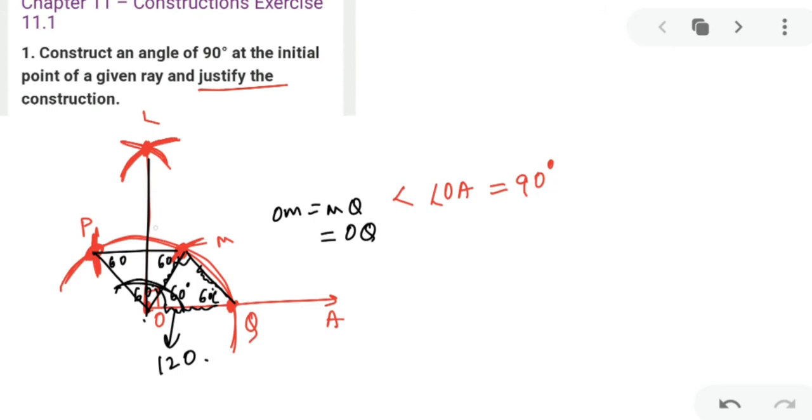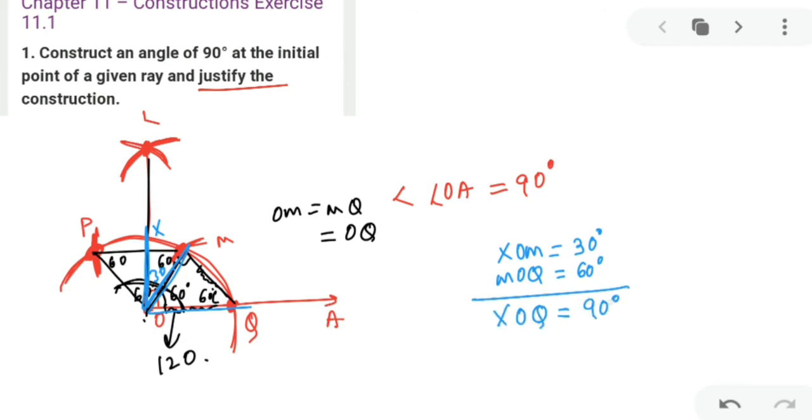Angle, I'll put here as X. Angle XOM will be 30. So XOM and MOQ: if you add XOM, which is 30 degrees, and MOQ, which you got as 60 degrees, you will get XOQ equal to 90 degrees. XOQ is nothing but LOA, that will be 90 degrees.